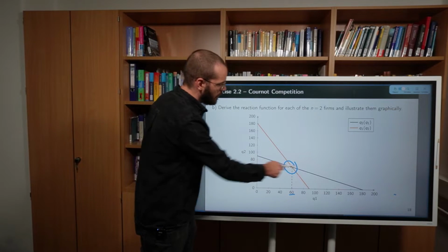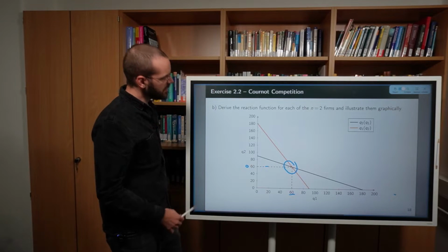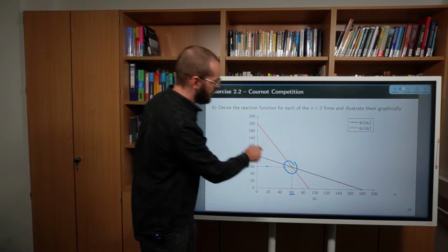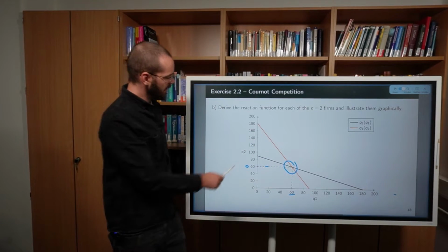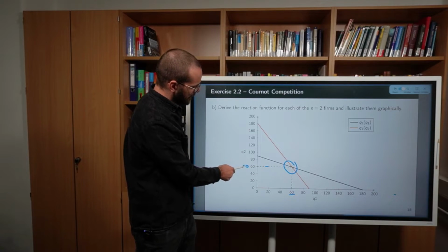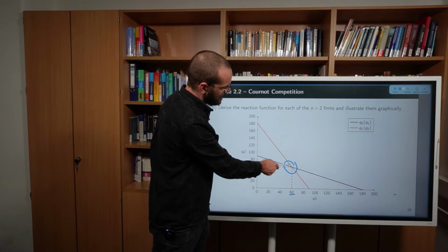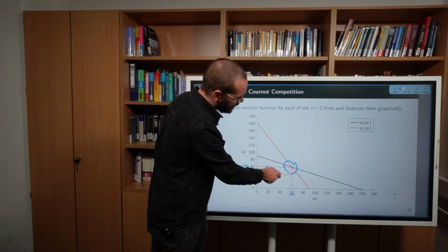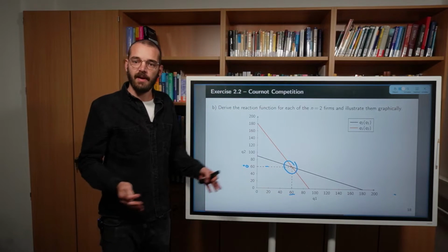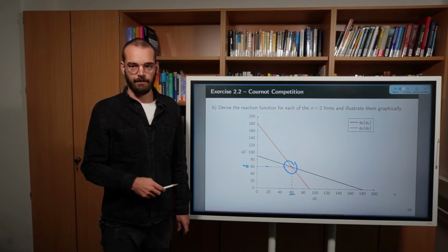That's what we know from looking at the reaction function Q2, the dark blue line. At the same time, switching to firm 1's perspective, when we're looking at the orange line, we notice that for a quantity of 60 produced by firm 2, it is profit maximizing for firm 1 to also produce 60. And thereby we have found the market equilibrium in a graphical way.